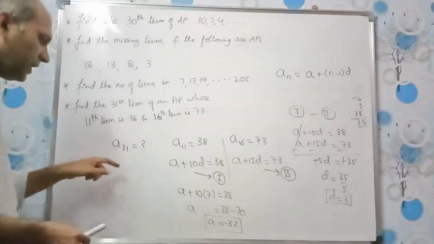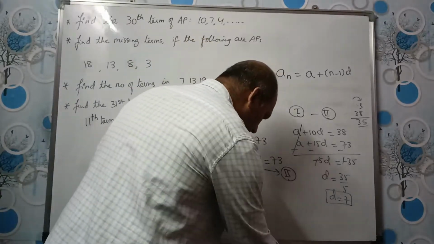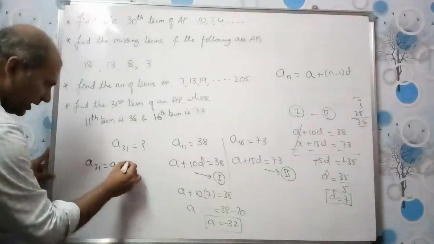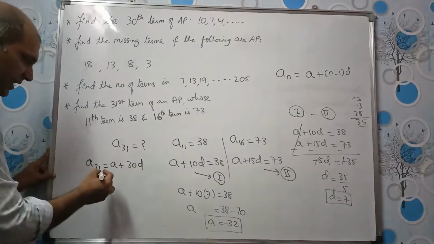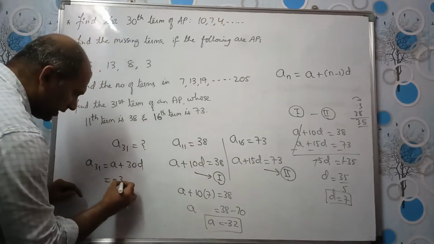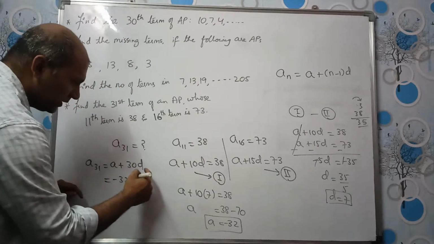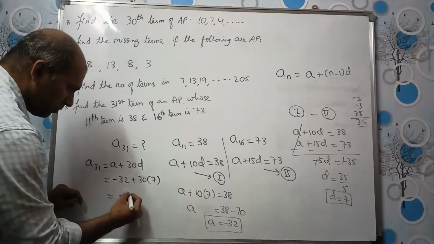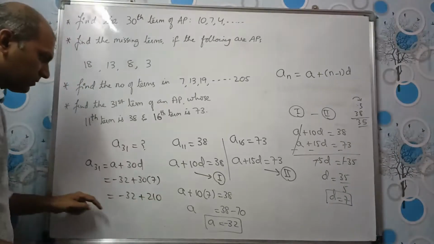Now to find the value of A31, what do we need? See, what is A31? A31 is A plus 30D. So we need A and we need D. So we have A. A is minus 32 plus 30 into what is the value of D? It is equal to 7. So minus 32 plus 210. Okay.